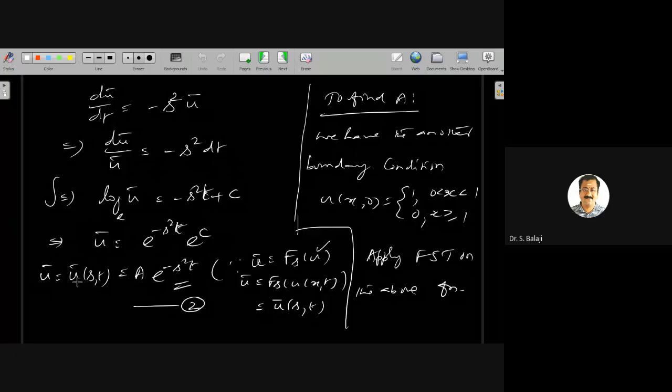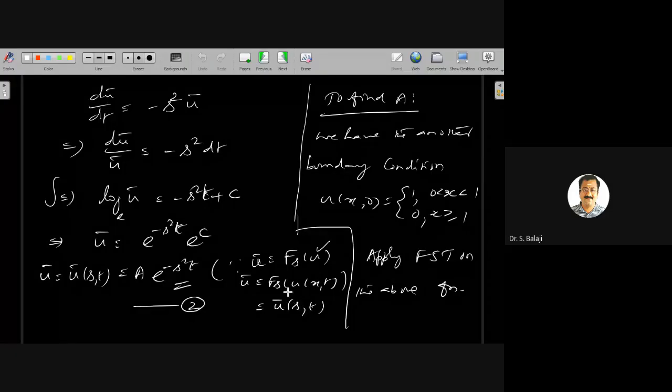But what is u bar? U bar is the Fourier sine transform of u, which is a function of the variables x and t, distance and time. After taking the Fourier transform, this x becomes s in the transform, and t remains as it is.